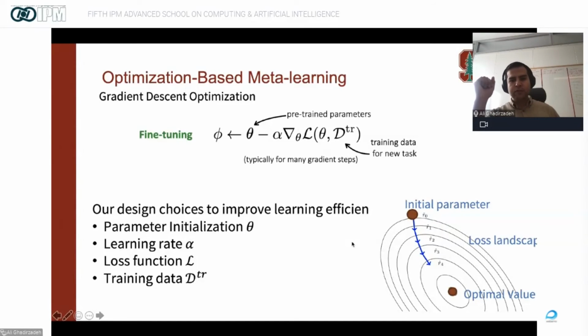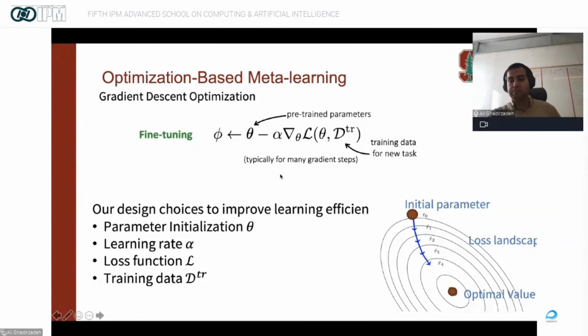How can we actually improve the learning efficiency here? We have a number of options. One option is to find a good initialization over theta, such that after a few gradient descent steps, we can get the optimal values. We can play a little bit with the learning rate.